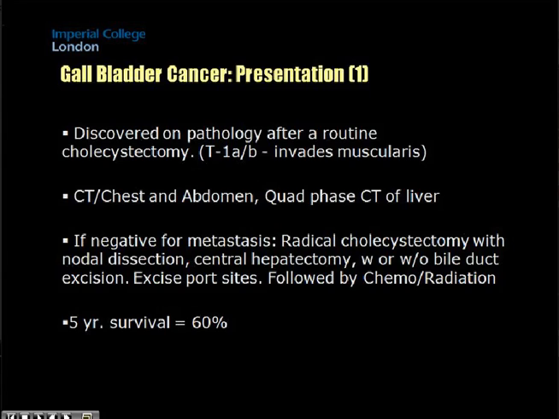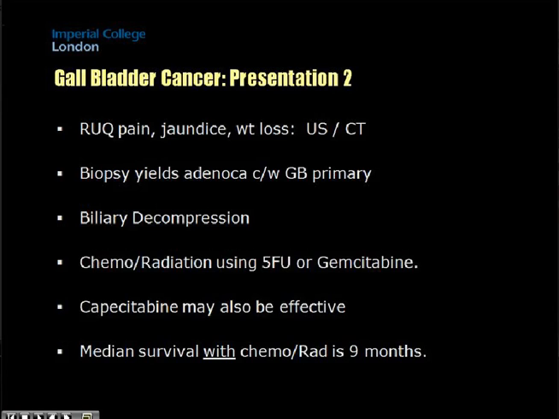Now, if resection is possible, this really offers you the best outcome with a 60% 5-year survival for gallbladder cancer in this current presentation. However, if you look at the second presentation, whereby patients present with jaundice, weight loss, right upper quadrant pain, by this time the lesion has been fairly extensive.